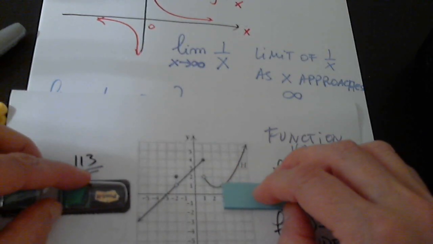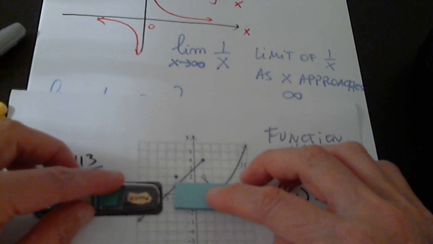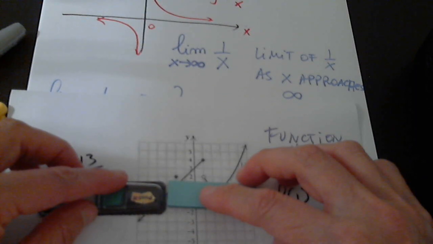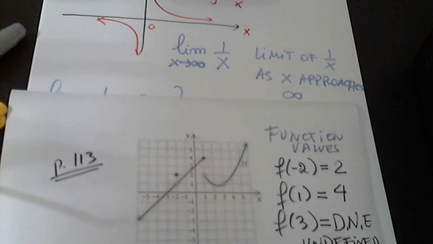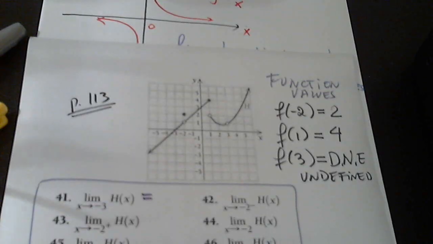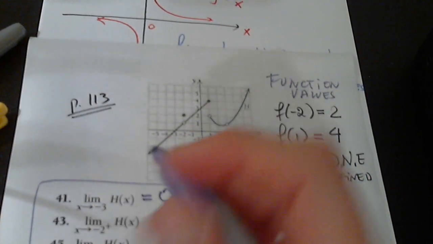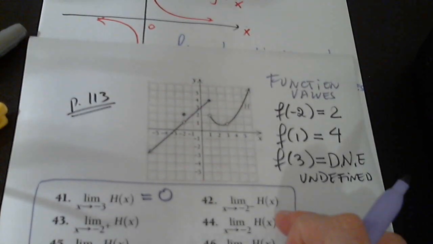As x approaches -3 simultaneously from either side, what is the target value, not the function value, because it may or may not be the same? What will you say? 0? Exactly. It happens that it's the function value as well. Fine.